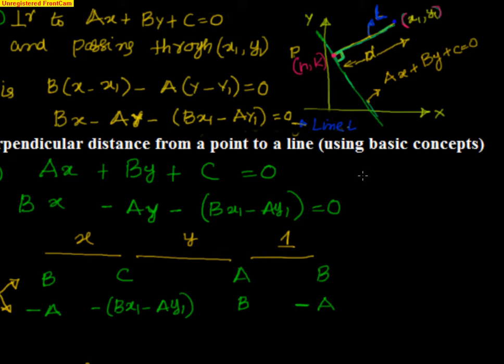we'll write here, h is equal to b into bx1 minus a into y1 minus ac, divided by a square plus b square.